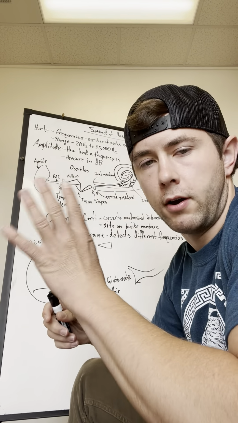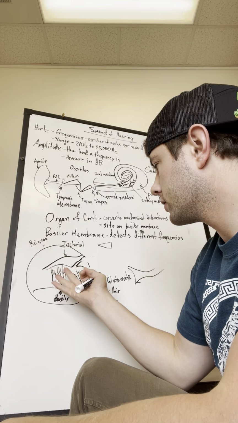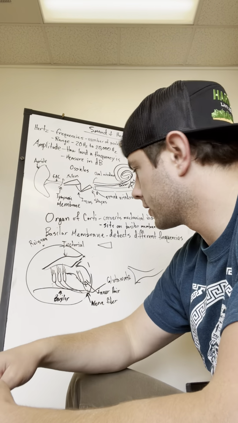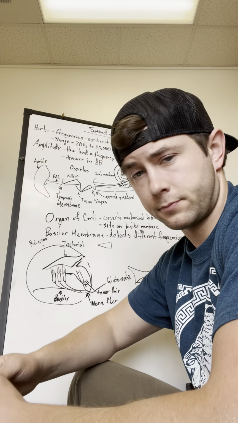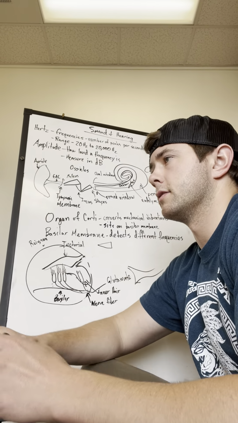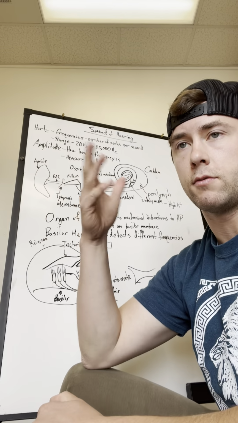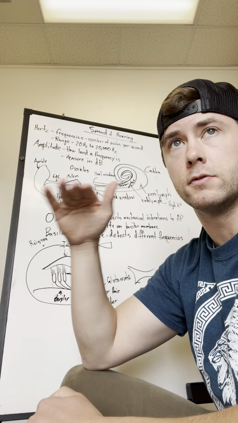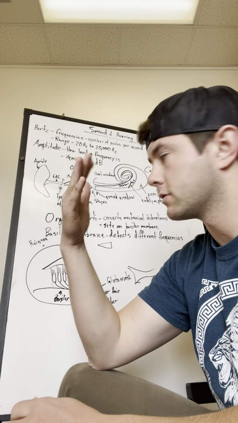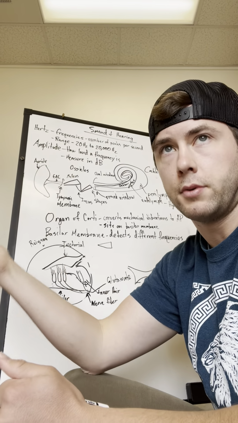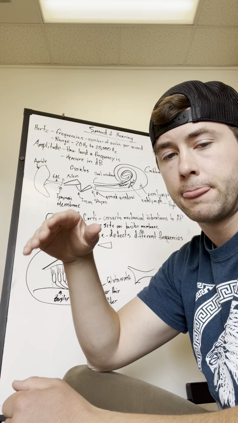So in total, you'll have 4 hair cells, 3 of which will attach to your tectorial membrane. And the reason it does that is so that when the basilar membrane moves, it's going to shift those hair cells such that the hair cells are then going to move and open gated channels.